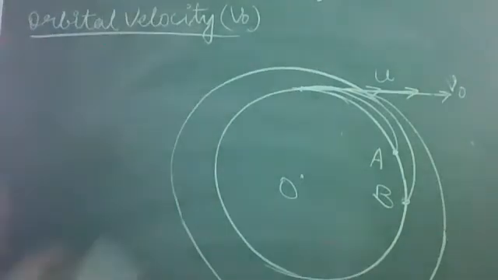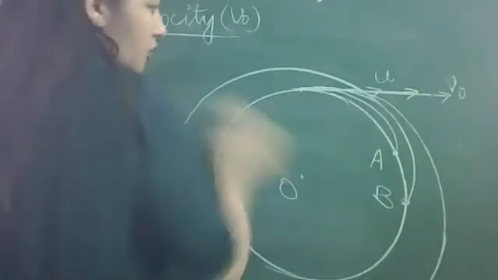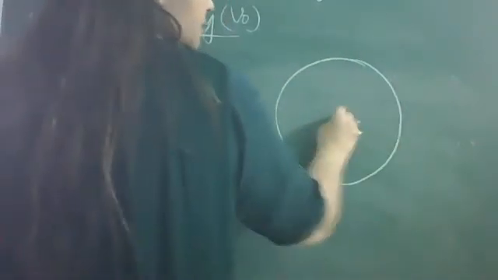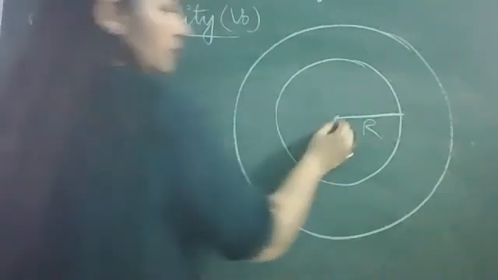Now before we derive an expression, let us draw a neat and clean diagram in which we have marked only the orbital velocity that we want to find. We are taking planet Earth, with radius R. Then we are taking a satellite around the planet.